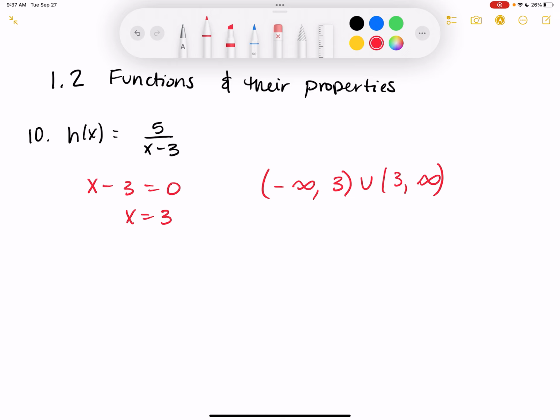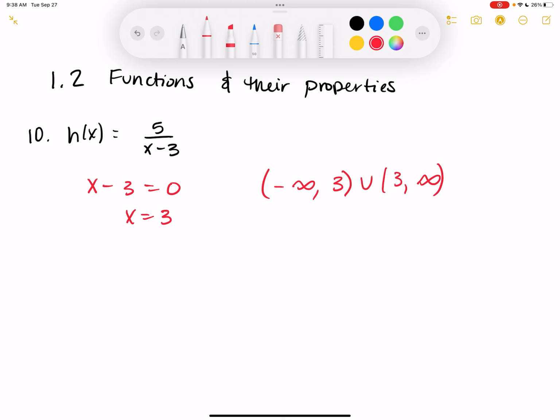The only value that makes this undefined is 3, which is the only place that it doesn't exist. So you have to set it with the negative infinities and the positive infinities? Because it's all the numbers between that.